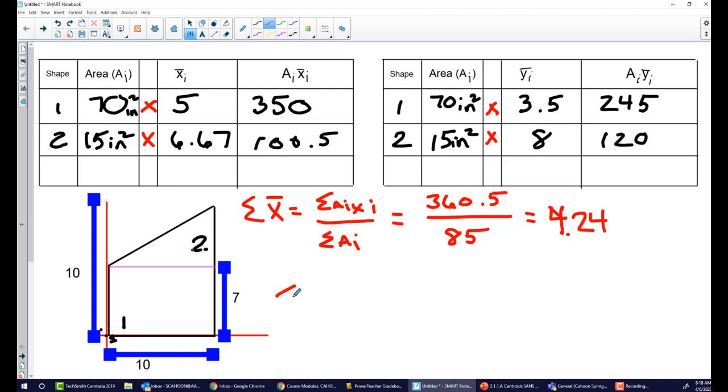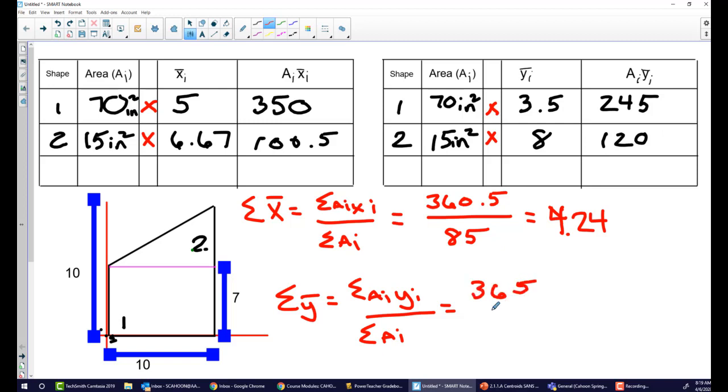And then to find the new y coordinate, we just needed to do the sum of area times y divided by the sum of the areas. So we go over here and we say, okay, the sum of these, 245 plus 120, is 365.